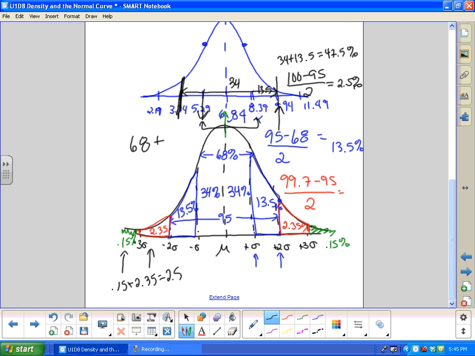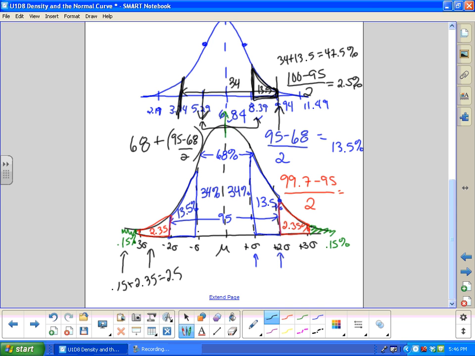And then I just need to add on, if you can see it, I've marked the mess out of this little piece right here. So I know that between 3.74 and 9.94 is 95%. So if I want this little piece right here in black that I've just drawn, I can do 95 minus 68 divided by 2, which is 13.5.